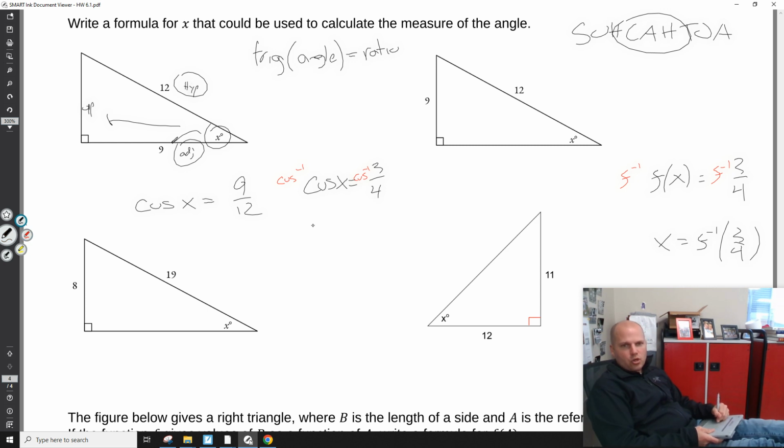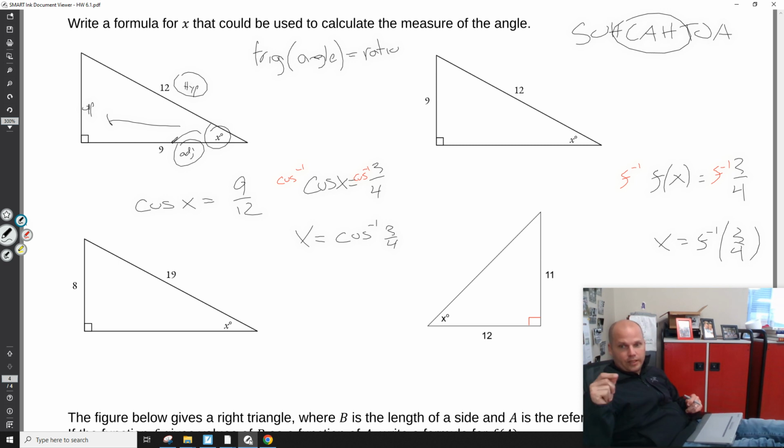This is something that you could type into your calculator to get an angle measurement. Where does your calculator get those values from? Back in the day, people used to look them up in tables in the back of a textbook. We have already done an analysis of all of these ratios for all of these different angles.